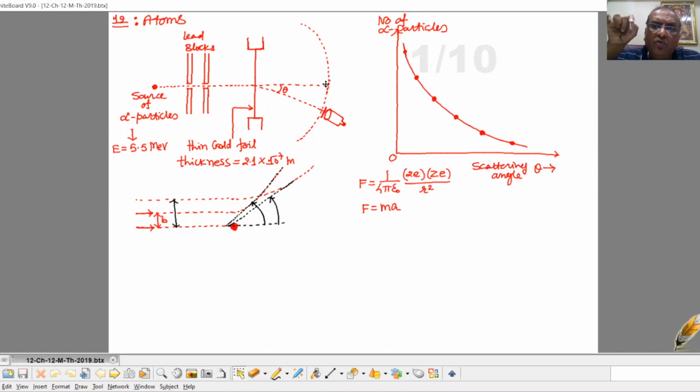Hardly 0.14% of alpha particles scatter at an angle greater than 1 degree, right? And hardly one alpha particle out of 8,000 scatters at an angle of scattering greater than 90 degree.